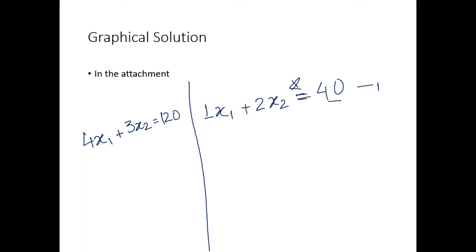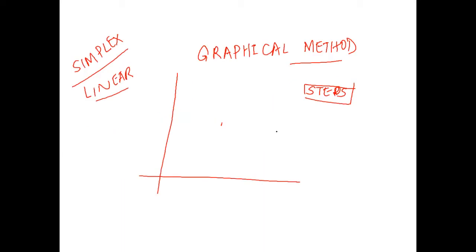So let's take number 1. Before we understand how to do this, let's look at the graph first. What is required to make a graph? So this is the graph. This is the x-axis, and here we have 2 variables, one is x1 and the other is x2, x and y.